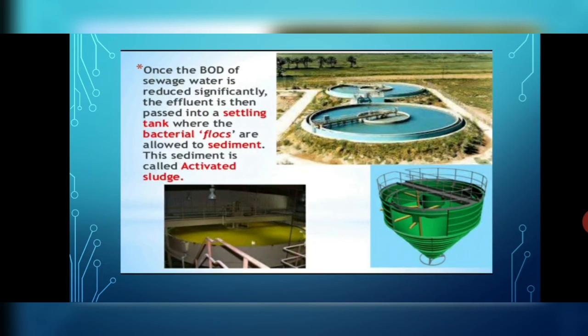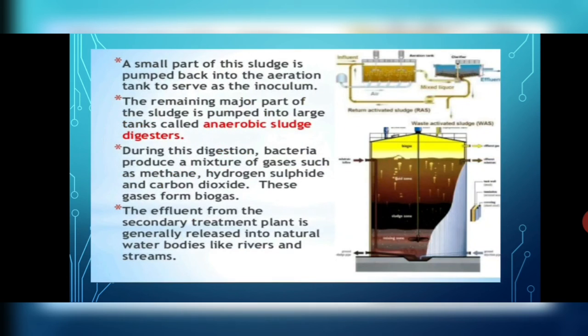Slowly, as the BOD is reduced, once the BOD of the sewage water is reduced, the effluent is then taken to the settling tank where the bacterial flocs are sedimented. They are sedimented, they are separated. A little bit of bacterial flocs is kept as activated sludge so that next time inoculum can be made with this.